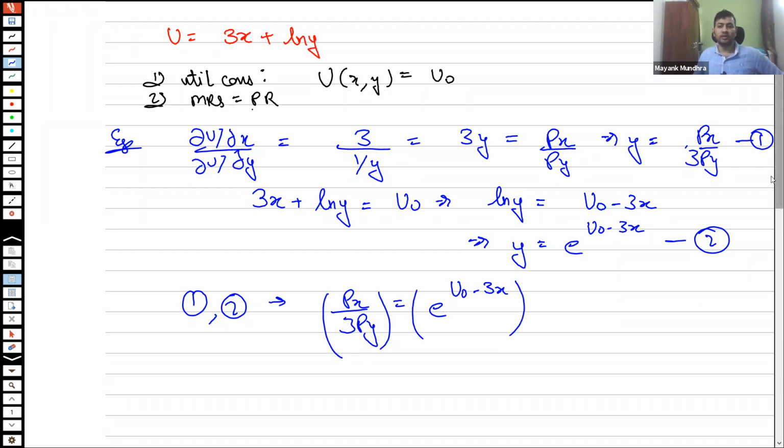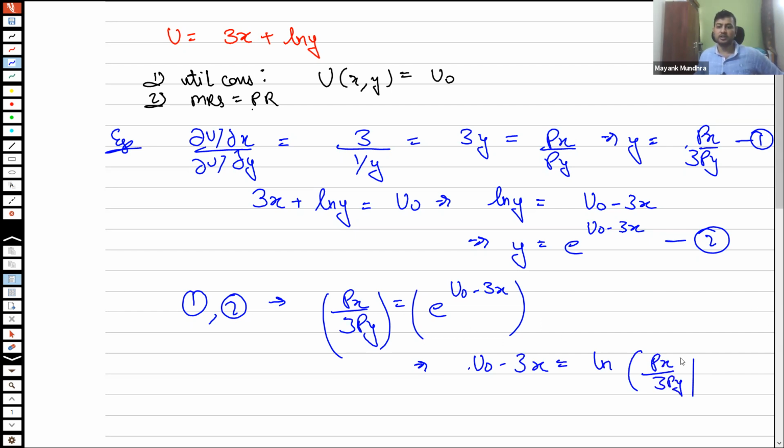So this is going to be your expenditure function. Obviously, I want to derive everything in terms of x star, the Hicksian demand. So what I get is u naught minus 3x must be equal to log of px upon 3py.